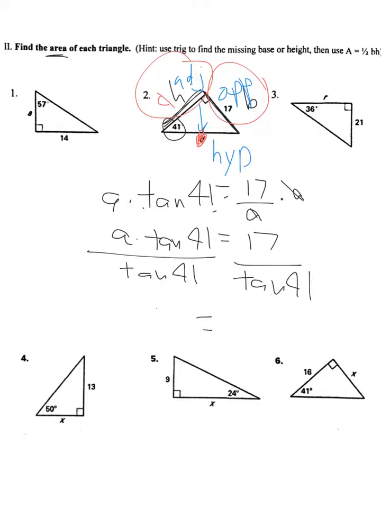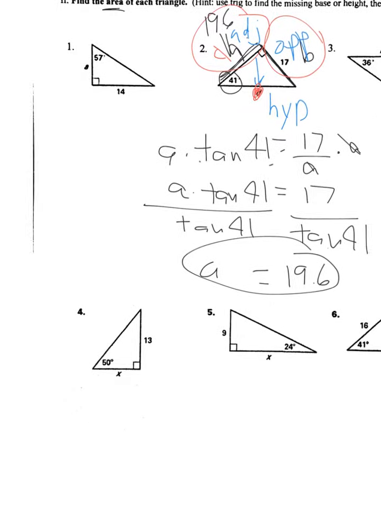And that's going to give you, let's see, 17 divided by tan 41, 19.6. Okay? So again, not our answer. That's going to be our height, if you will. That's going to be here. So now we have 19.6 and 17.